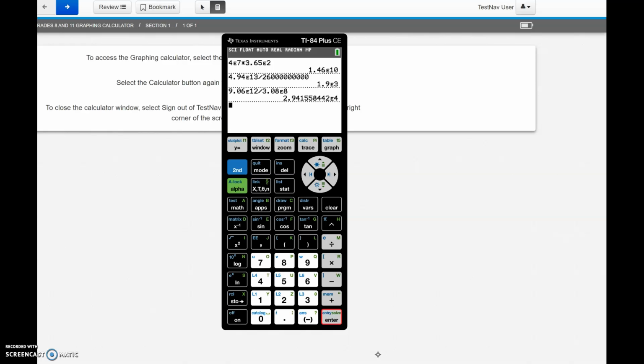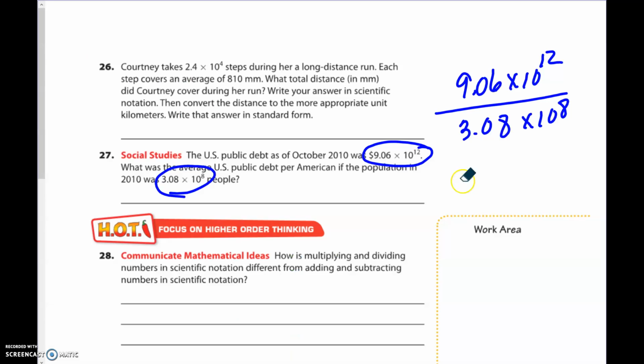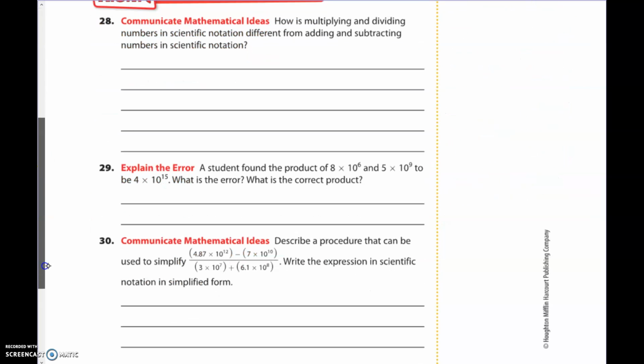Now I'm only going to go to two places and write 2.94 times 10 to the 4th power. So I'm just going to write it as 2.94 times 10. And what was that exponent? A 4, I think. So I know there were more digits after there, but I'm only going to go that far for right now.